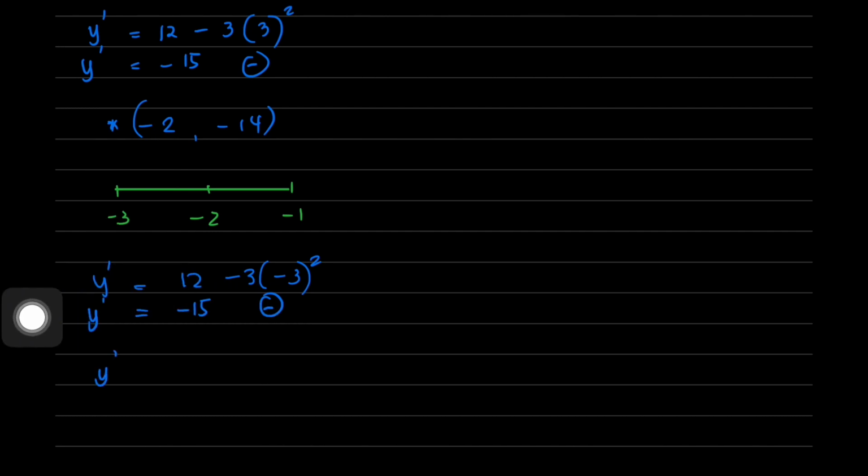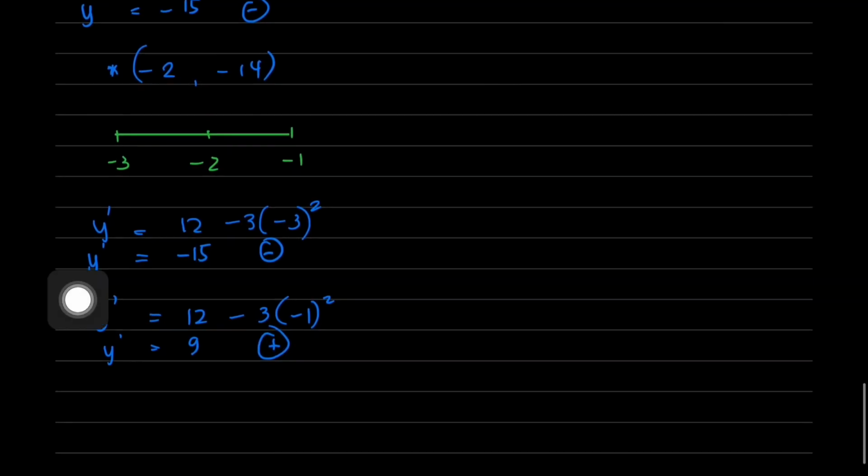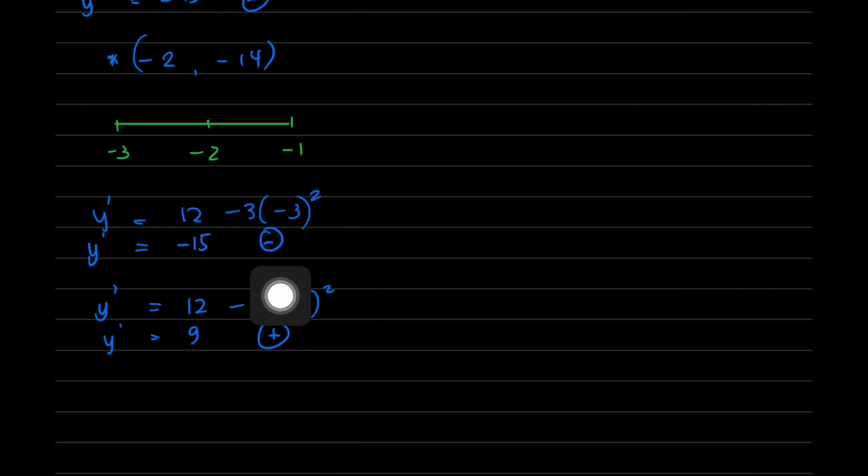And if x is equal to negative 1, then y prime equals 12 minus 3 multiplied by negative 1 squared. So this will give us 12 minus 3 multiplied by 1, so that's now equal to positive 9. Now, y prime changes from negative to positive.